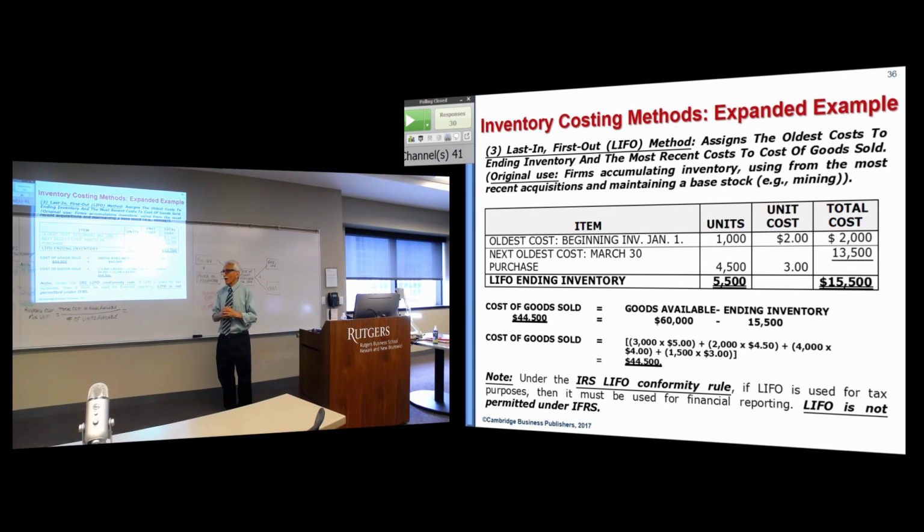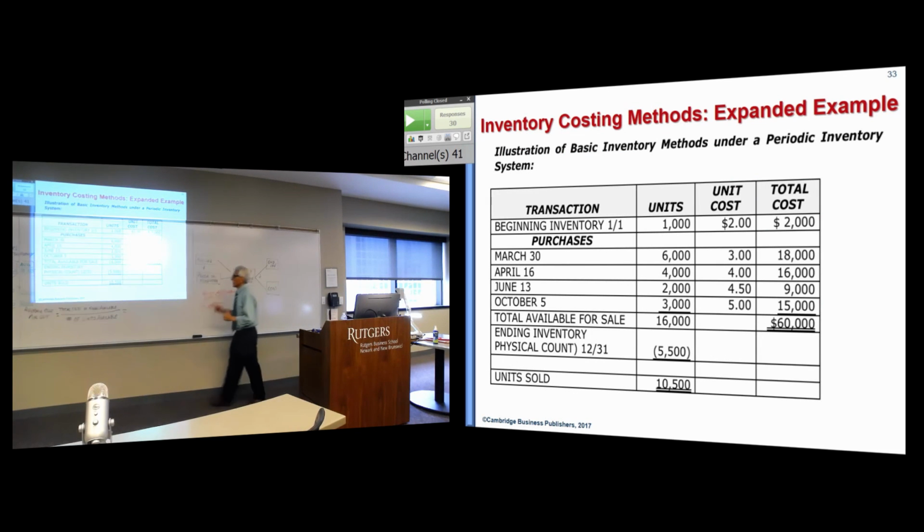Because if you have a periodic system, what could you do? You could wait. I want you to see this clearly. You wait until the end of the year. And out of those 10,500 units, you're saying that you're going to be using costs that did not exist when the actual sales took place.